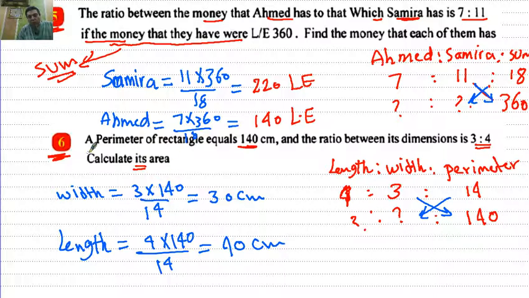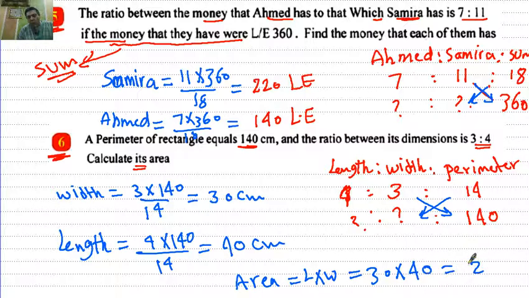Then he wanted to find the area of the rectangle, which equals length times width. 40 times 30 equals 1200 square centimeters. To be sure, if you find the ratio between 30 and 40, or 40 and 30, the ratio becomes 4 to 3 or 3 to 4.